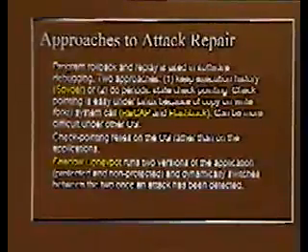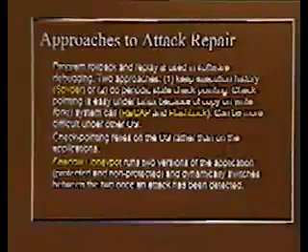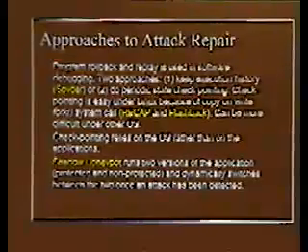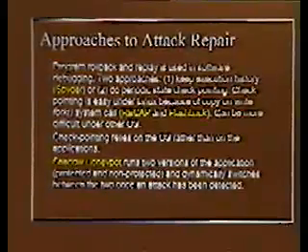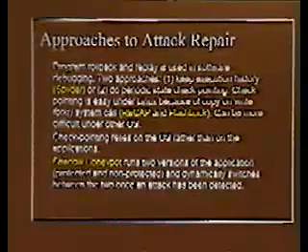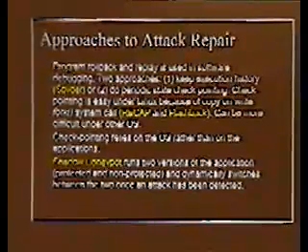Attack repair relies on checkpointing. That is, one first checkpoints the program state and then jumps to a previous point in the past to restore the program's execution. So two approaches here are either keeping complete execution history or doing periodic checkpointing, that is, taking a snapshot of the memory image of the program.